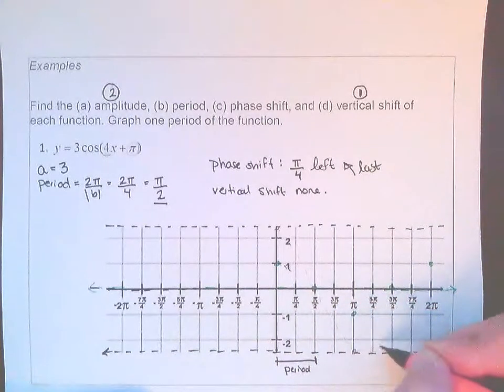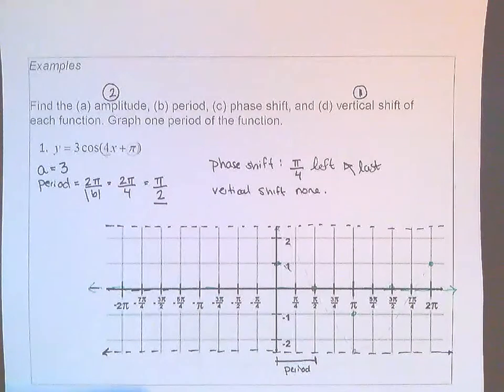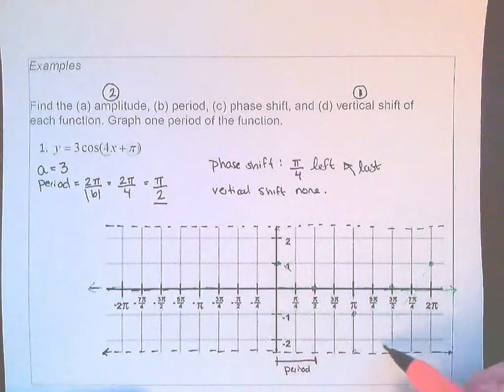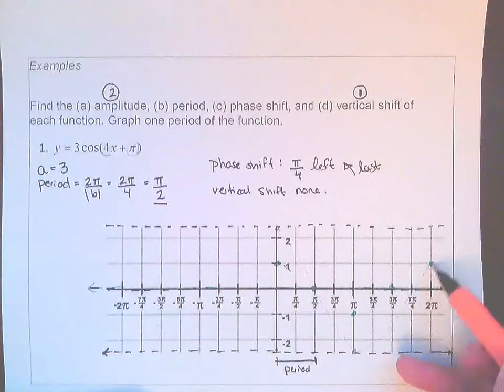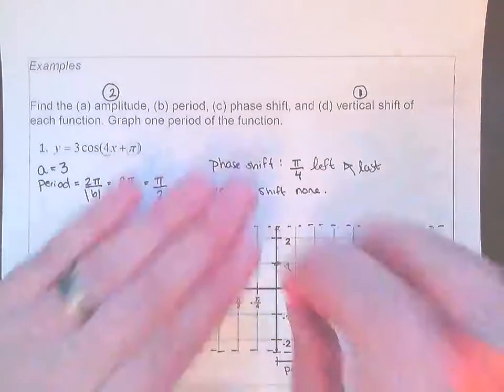Okay, I'll just show you a rough sketch. It would have started up here, gone down, and still made all the way up here, that cosine function like it always does.